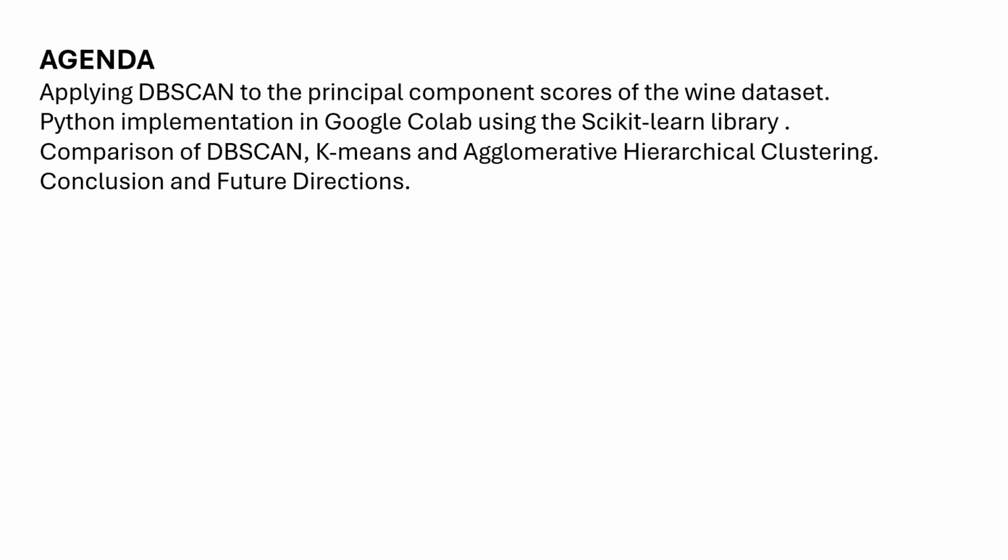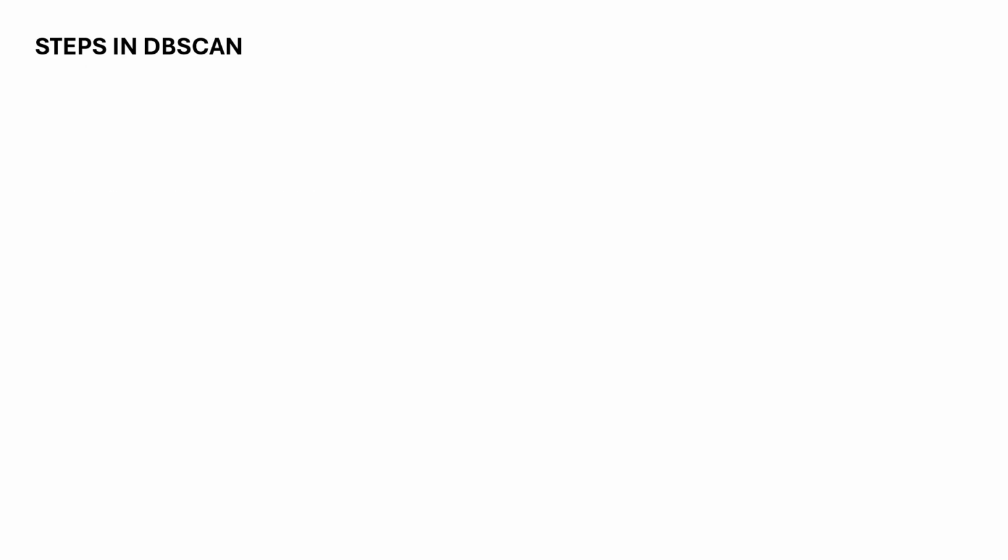Finally, the presentation concludes with a summary of the findings and a brief discussion of future directions in this machine learning series. The implementation of DBSCAN can be summarized in the following steps.